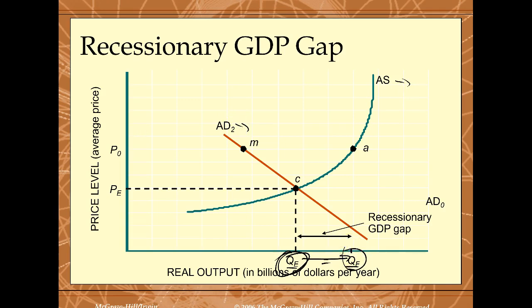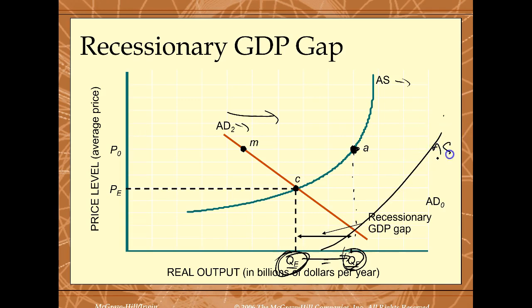So if we shift the AD curve this way, AD1, do you see how the new equilibrium level of output is going to be equal to our goal? Now, conversely, if we shifted the AS curve this way, well, that's not a very good shift.